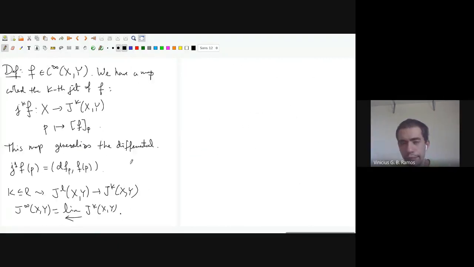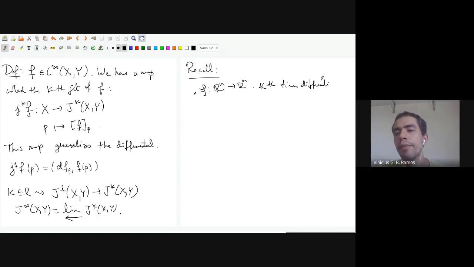Well, you can define it like this. Recall, if you have a function from R^n to R^m, you can say that it's k times differentiable at a point p if there exist linear maps, but the linear maps are kind of complicated.